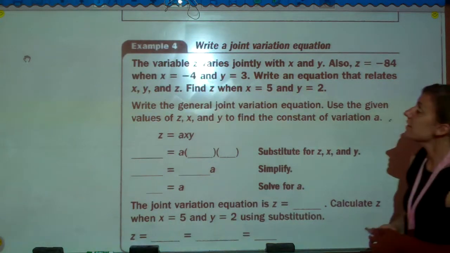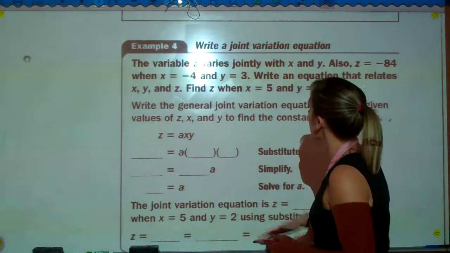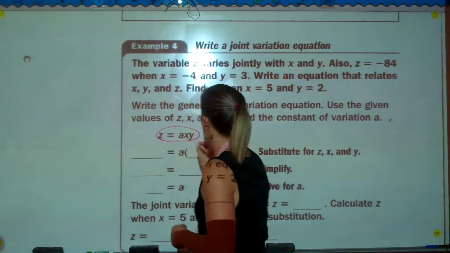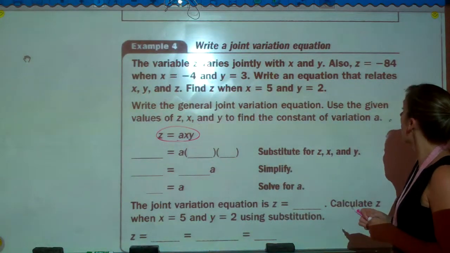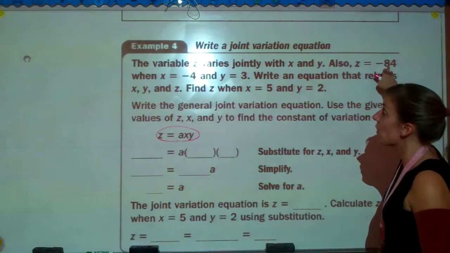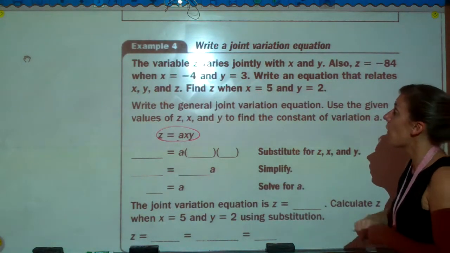Alright, so this says the variable z varies jointly, so we know this is the equation we're going to use, with x and y. So, also, z equals negative 84 when x equals negative 4 and y equals 3.